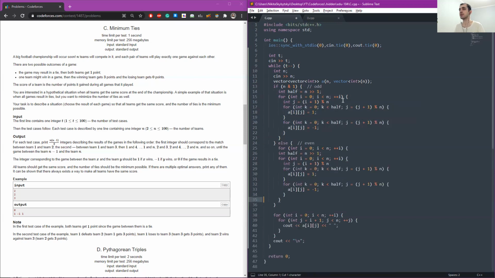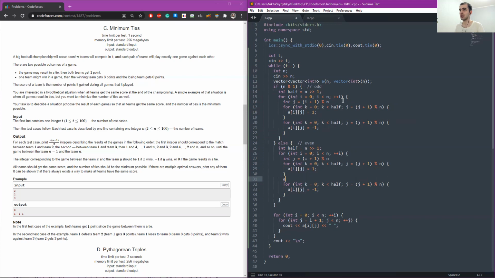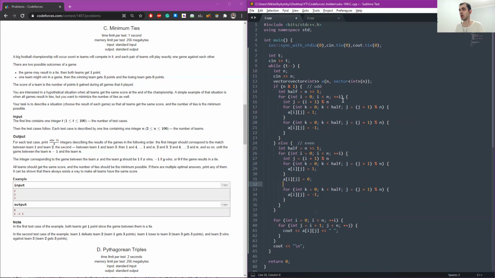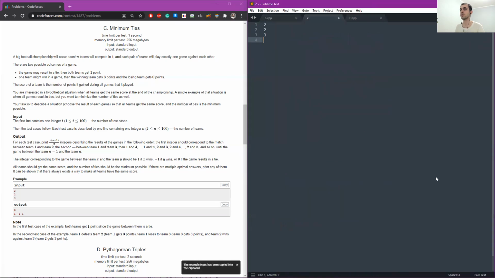And for this case, we're going to do exactly the same thing, with the only exception being that here we want to say a_ij equals draw, and j gets the other value. I'm assuming this is exactly what you want.